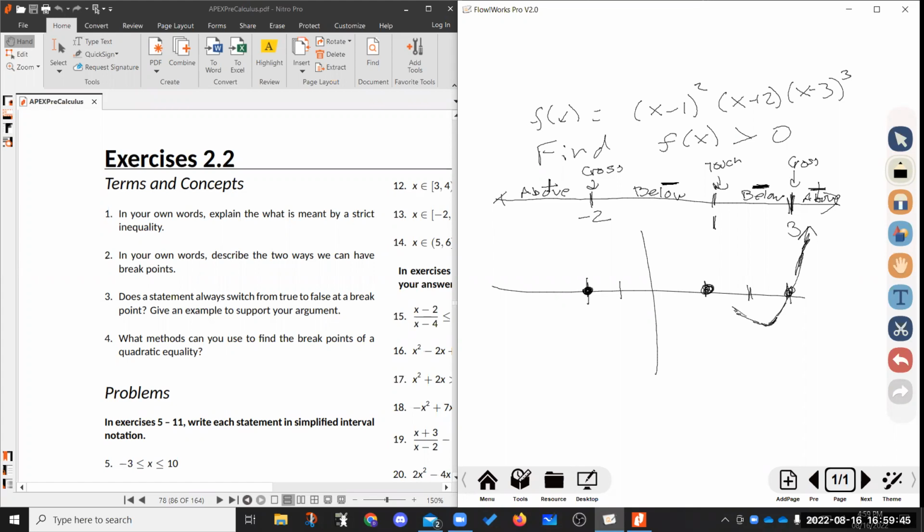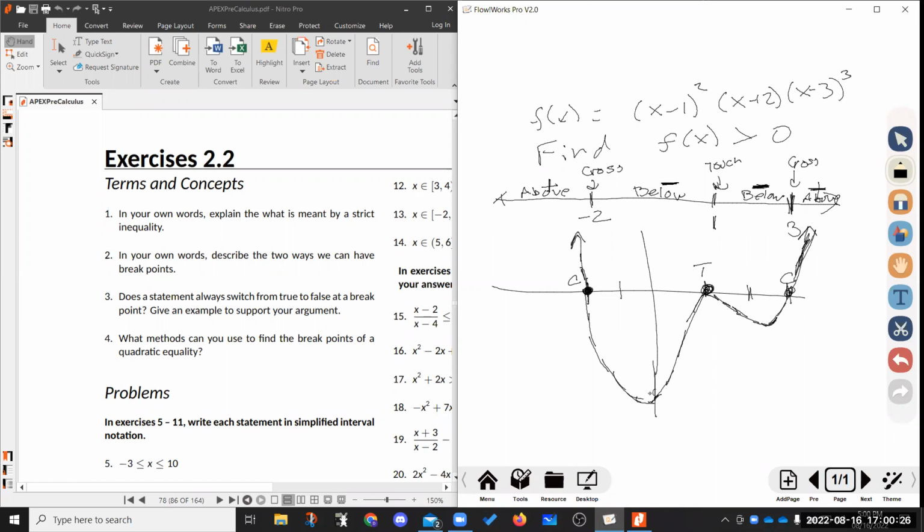I'm going to come up and touch at 1. Then I'm going to come down, and then back up and cross through. And so I cross, touch, cross, just like it shows my pattern here. I'm above, then I'm below, and I stayed below between -2 and 1.